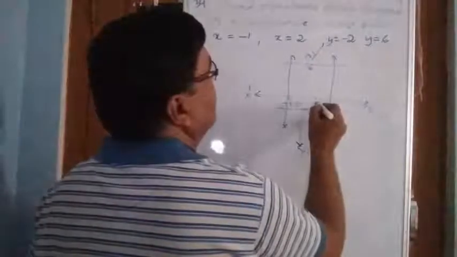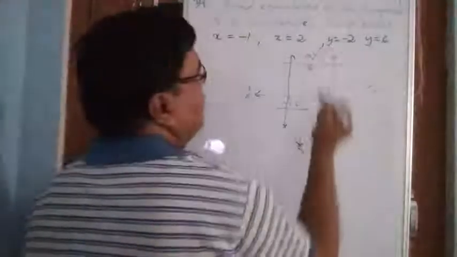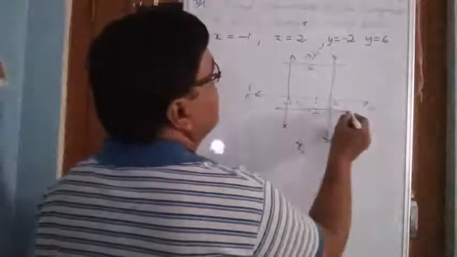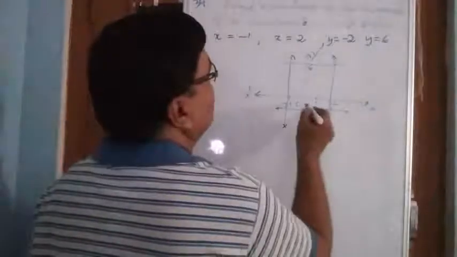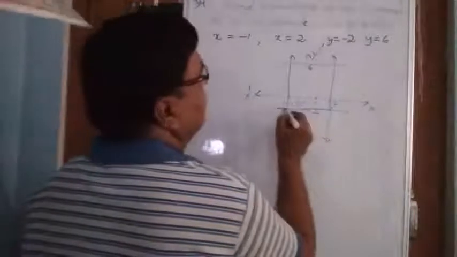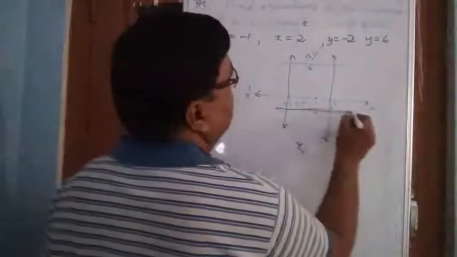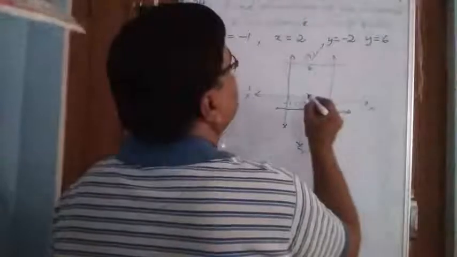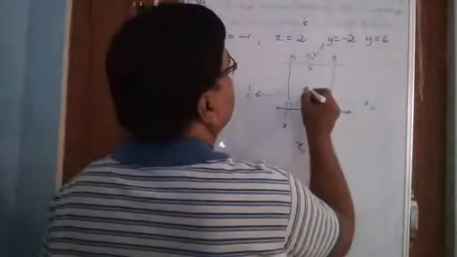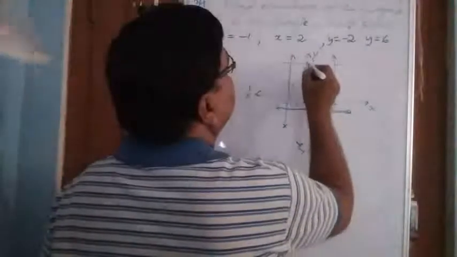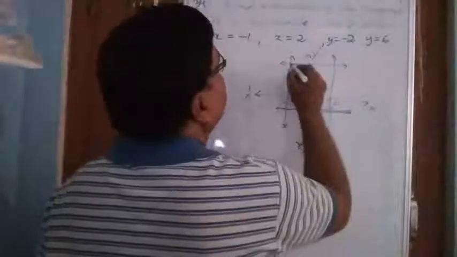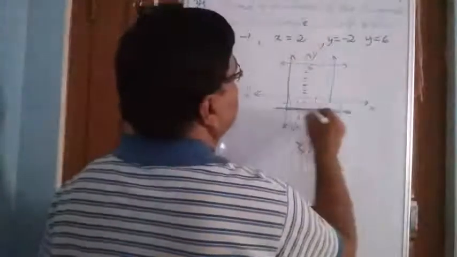Y is equal to minus 2 is a line parallel to the x-axis at a distance of 2 units, below it. Y is equal to 6 is also parallel to the x-axis, at 6 units. So the required figure is this one.